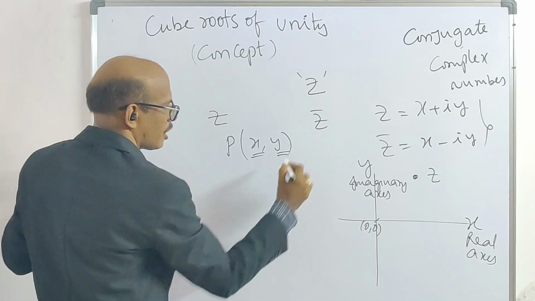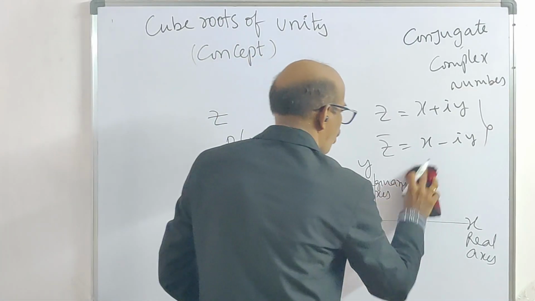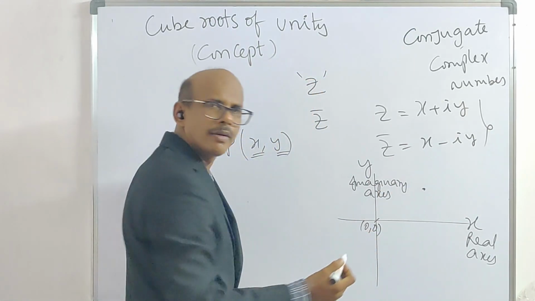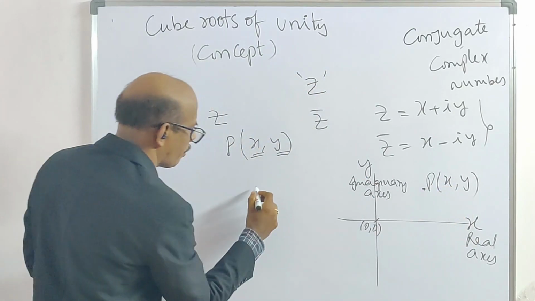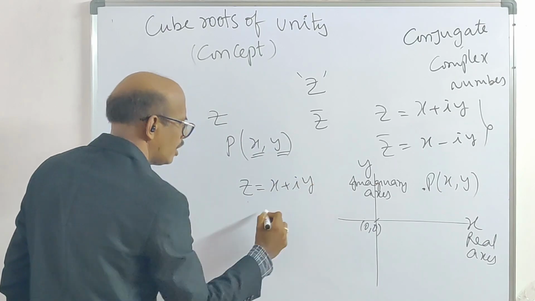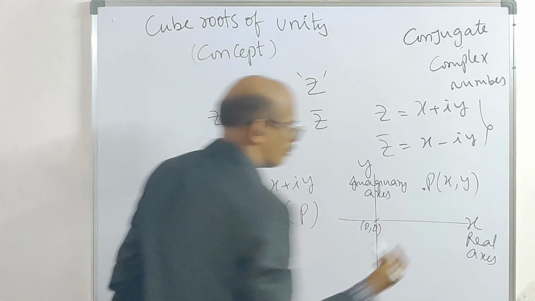Real part, imaginary part. So complex number z can be represented as a point in the Argand plane. Suppose it is in the first quadrant, this is the Argand plane. P as x comma y means that point P is the simple notation for the complex number z.